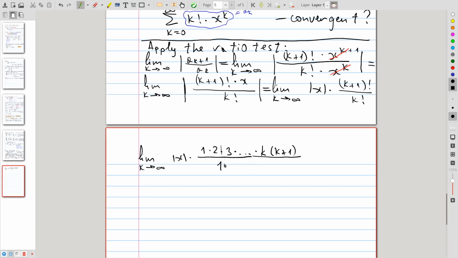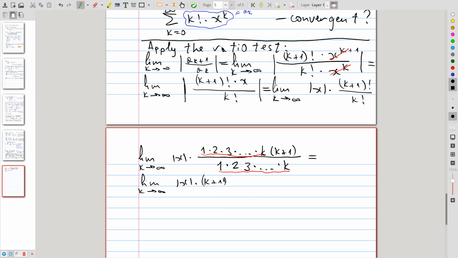So we have 1 times 2 times 3 and so on, again up to k. Great. So as you can see, these factors appear both in the numerator and in the denominator, and therefore they will cancel. All I'm left with is the limit as k goes to infinity of absolute value x times k plus 1.